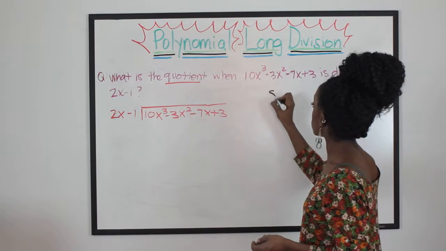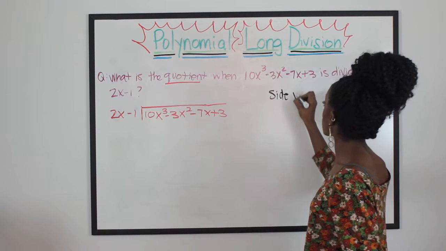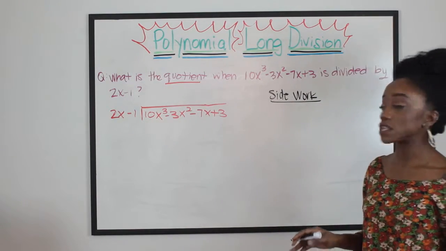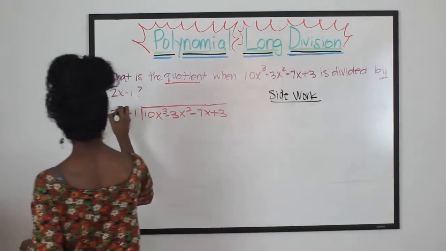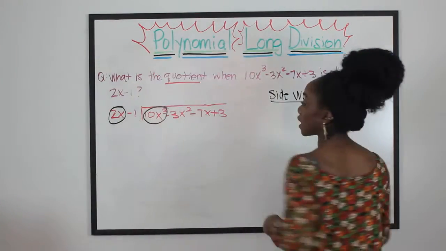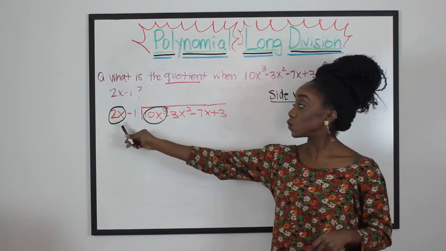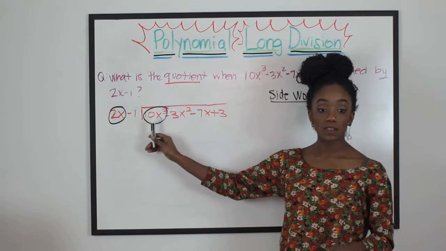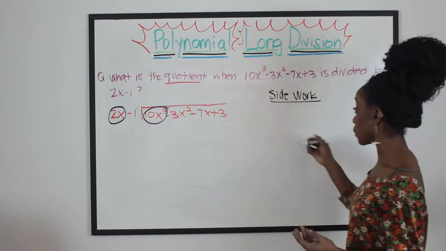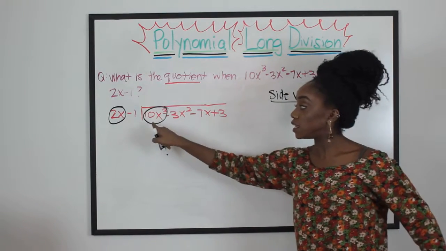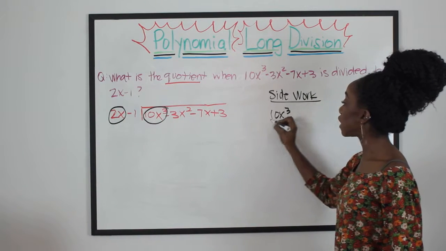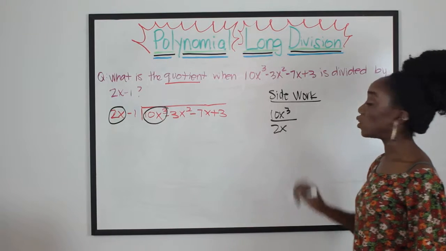So how many times does 2x divide into 10x cubed? How do you figure that out? This is why you need side work. So I'm going to put the 10x cubed at the top and the 2x on the bottom.